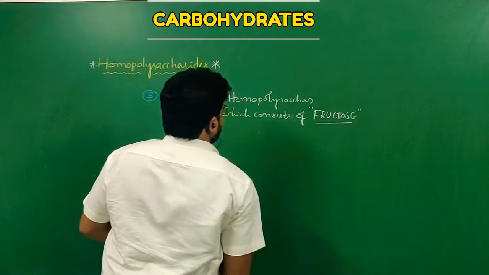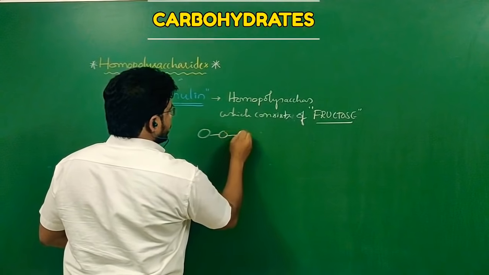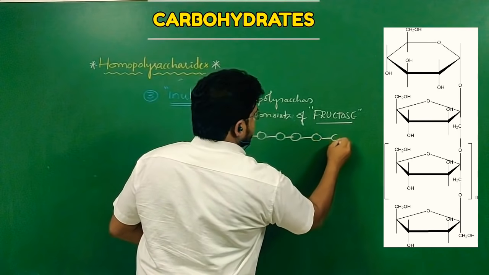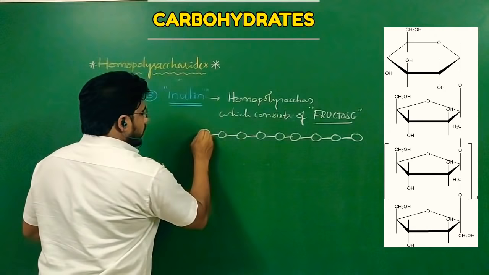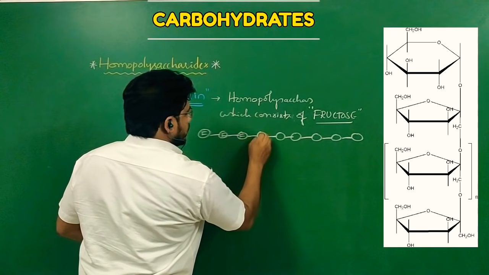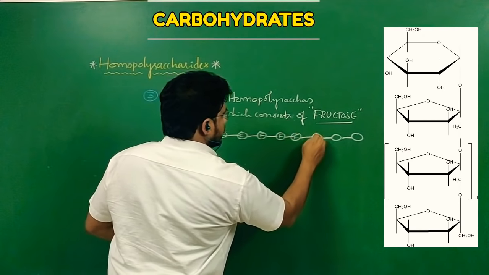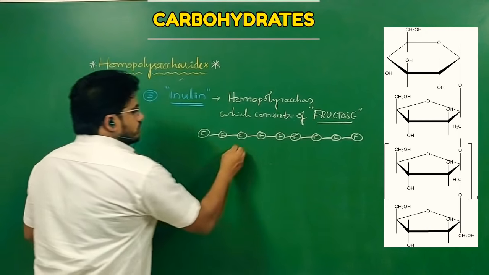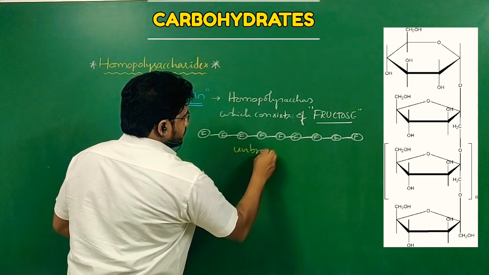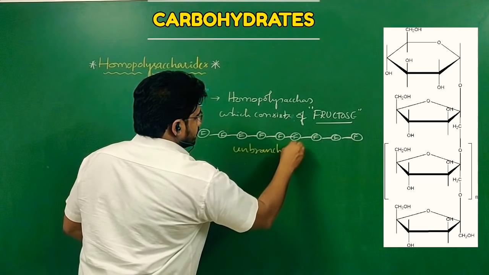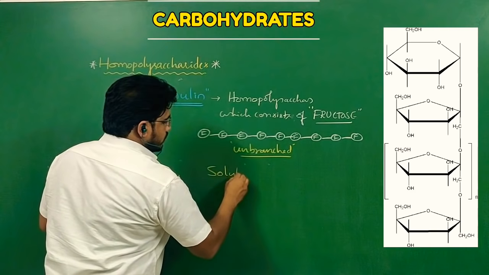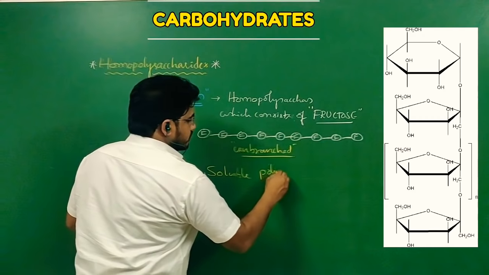What is fructose? Ketose, hexose. So this is unbranched. All are fructose sugar molecules. Unbranched. And it is soluble polysaccharide.